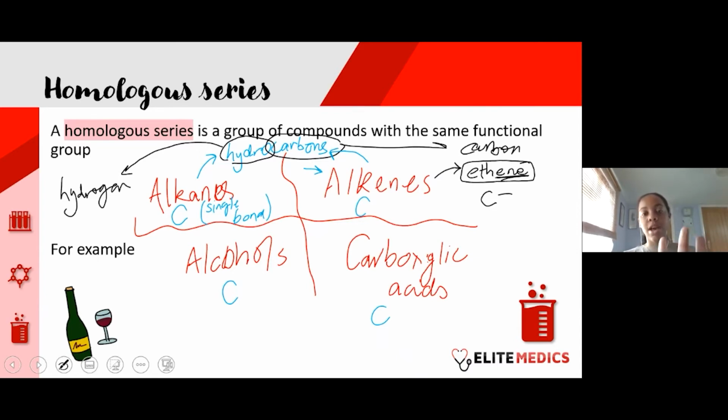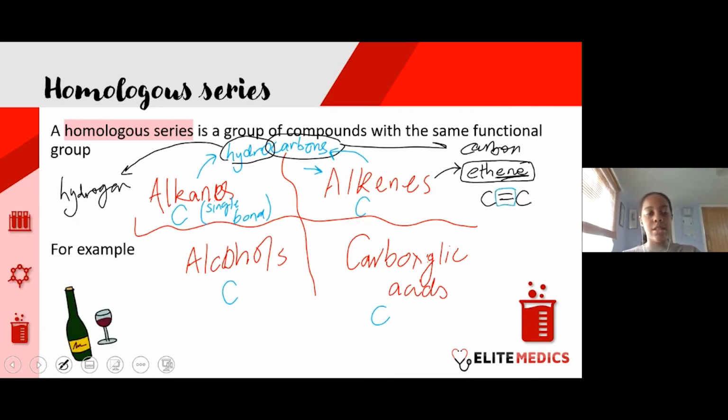Now, we've established that alkenes are hydrocarbons. They contain carbon and hydrogen, all right? But the slight difference between our alkene here and our alkane is that when they have two carbons joined together, they will use a double bond. And this is how we draw a double bond.